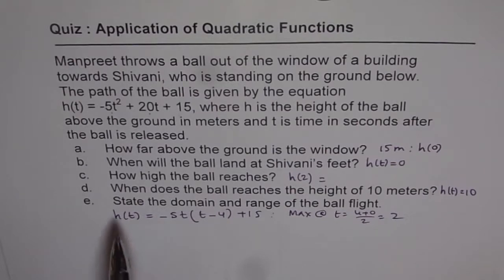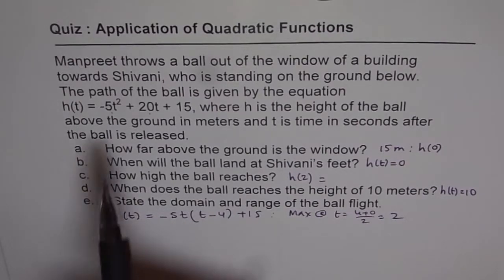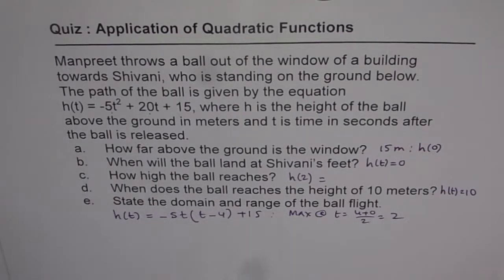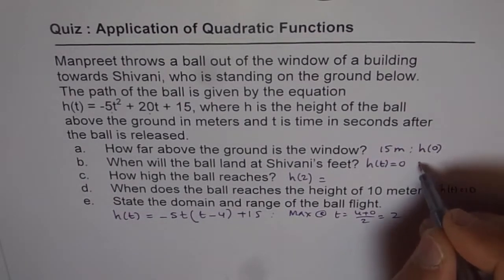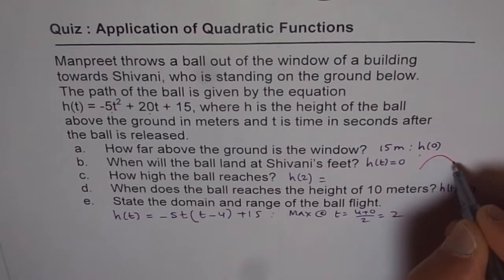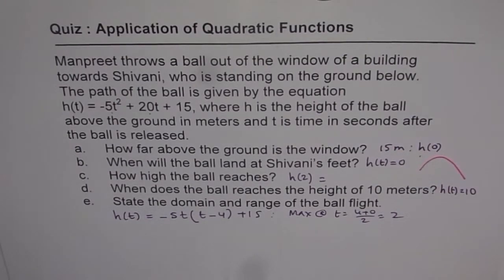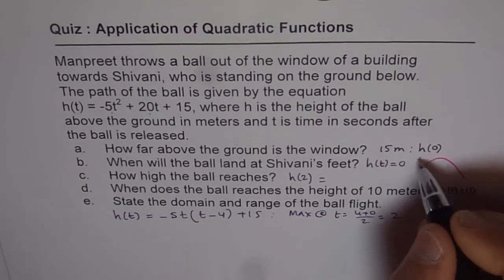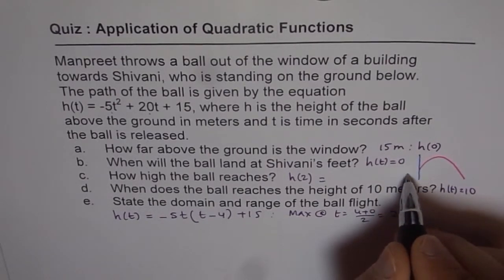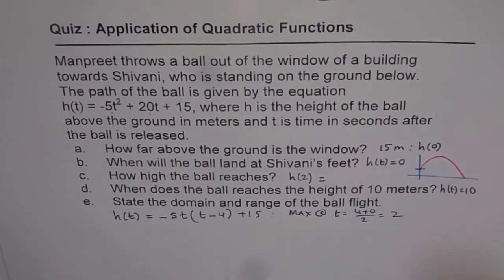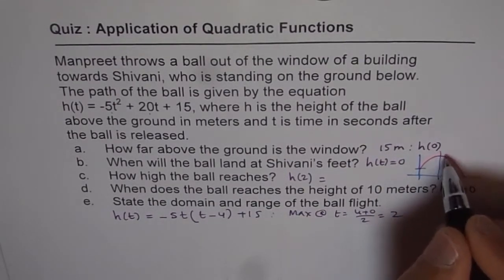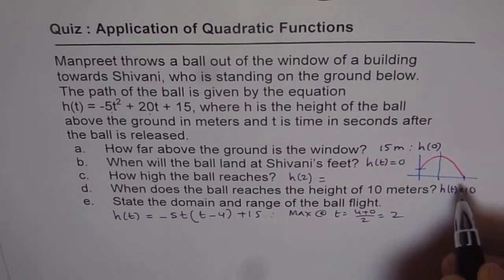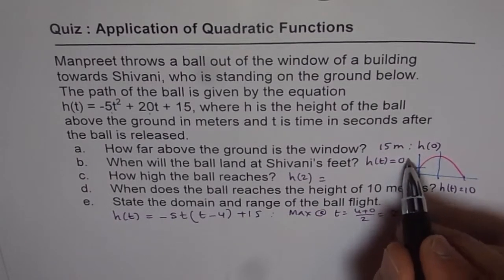Now the last question is state the domain and range of the ball's flight. As you can see, the graph will be going like this, right? Here, this is the height from which the ball is thrown. This is when you reach the maximum, and that is when it reaches the ground, when h of t is 0, this point.